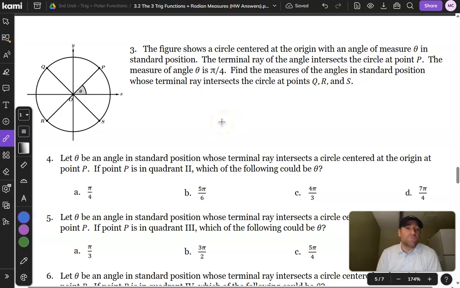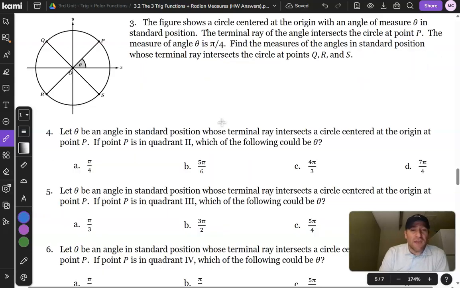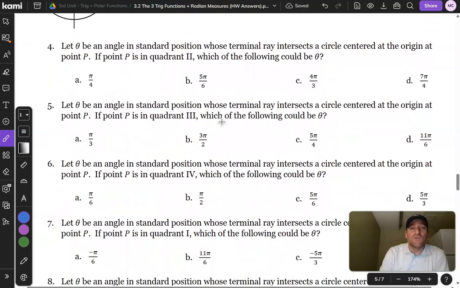All right, so let theta be an angle in standard position whose terminal ray intersects the circle at the origin, at point P. If P is in quadrant 2, which of these is in quadrant 2? We're looking for anything between pi over 2, 1/2 pi, and pi.